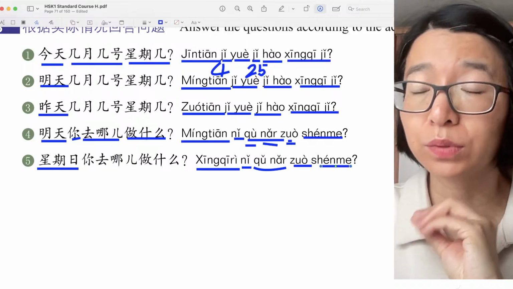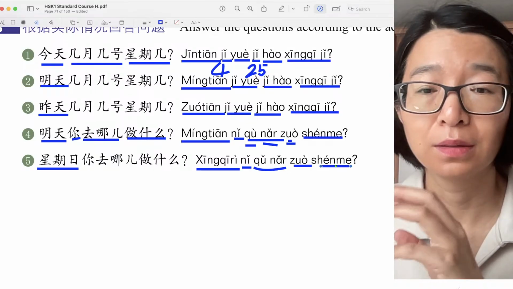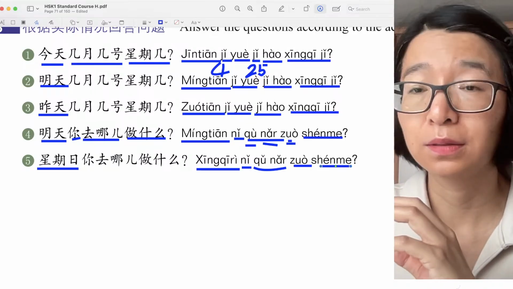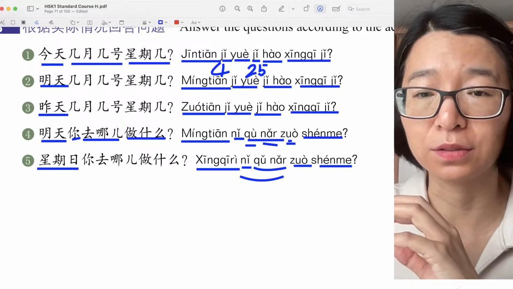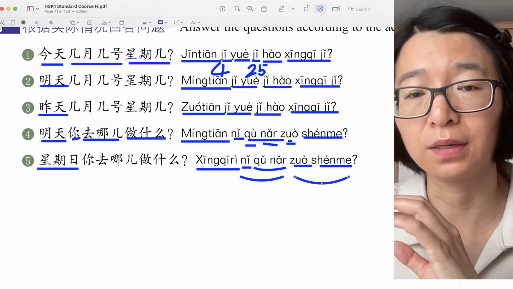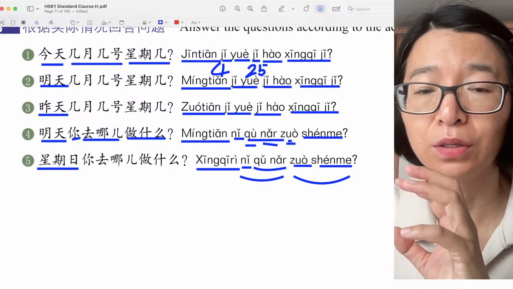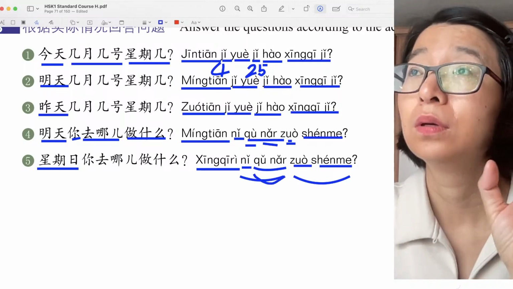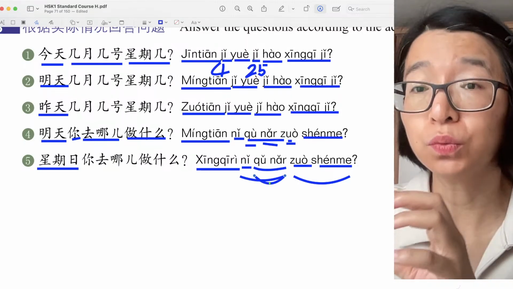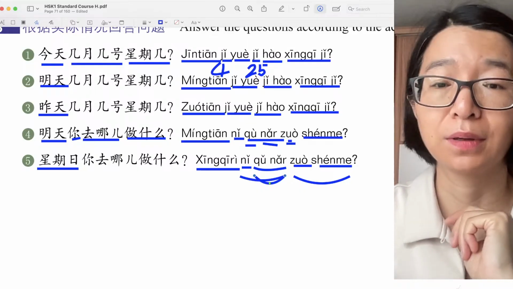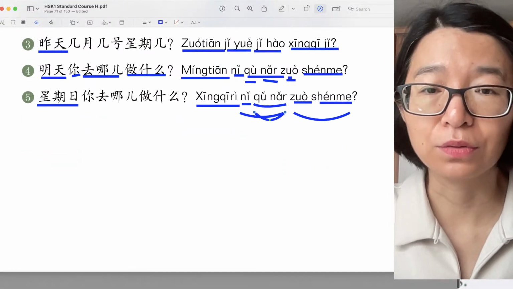So you can see that when we talk about the future tense, even with two verbs, you can just say it naturally and you don't have to change anything. 去哪儿？去公园，去图书馆。做什么？看书，野餐。So straightforward. Okay, let's continue.